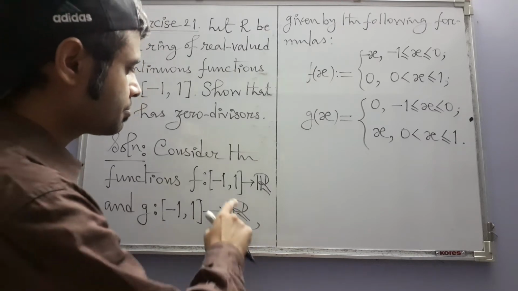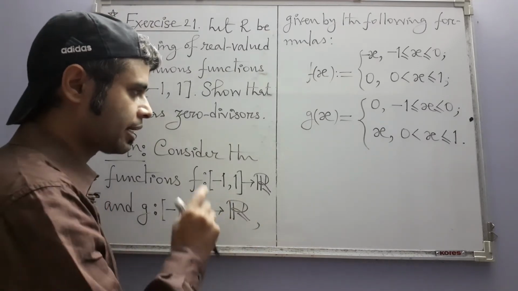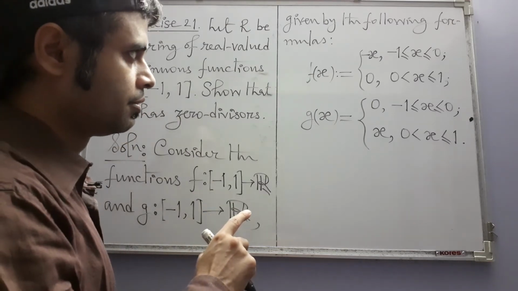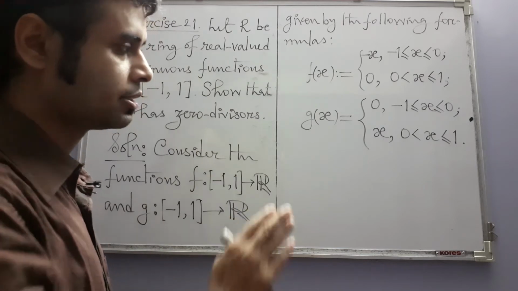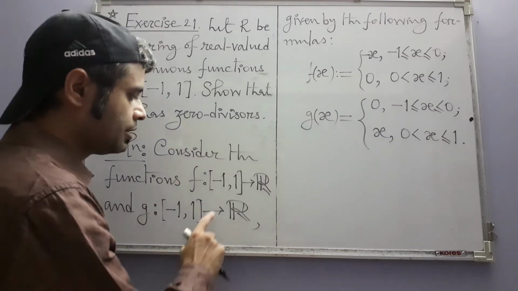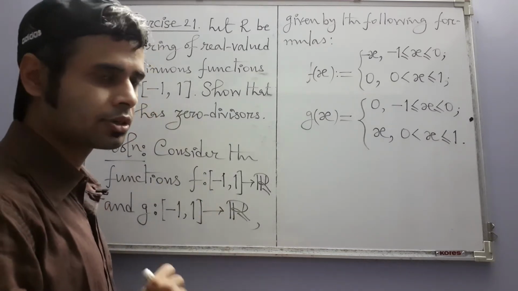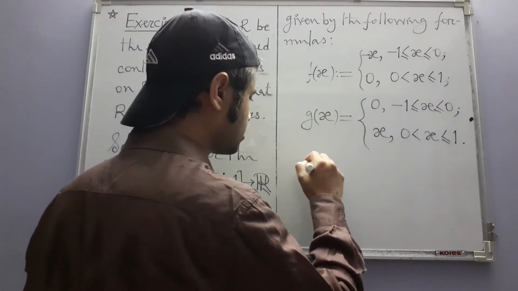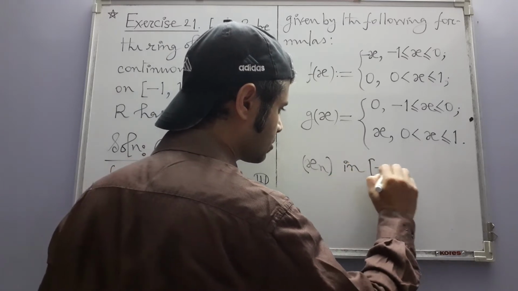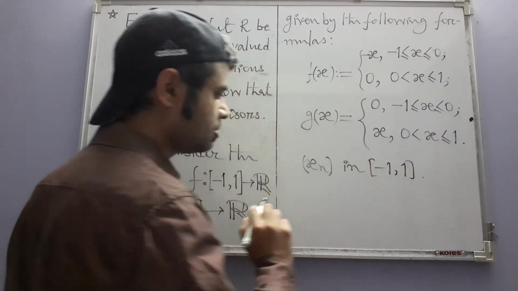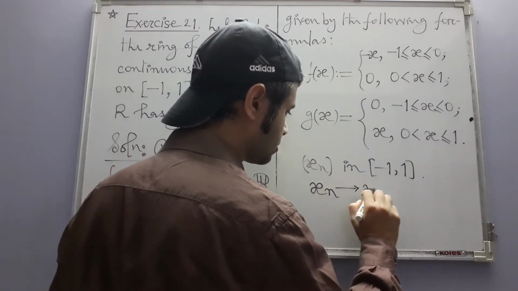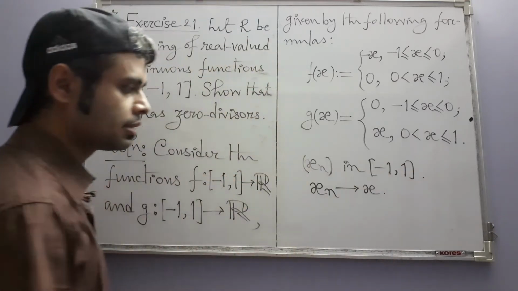You will actually have to prove that these functions are continuous in this domain, which you can do in of course two ways. One is by applying the actual definition of continuity. The other way is to use the sequential formulation of continuity. That is, you take a sequence of points in this closed bounded interval which is convergent. Say xn converges to some number x in this interval.